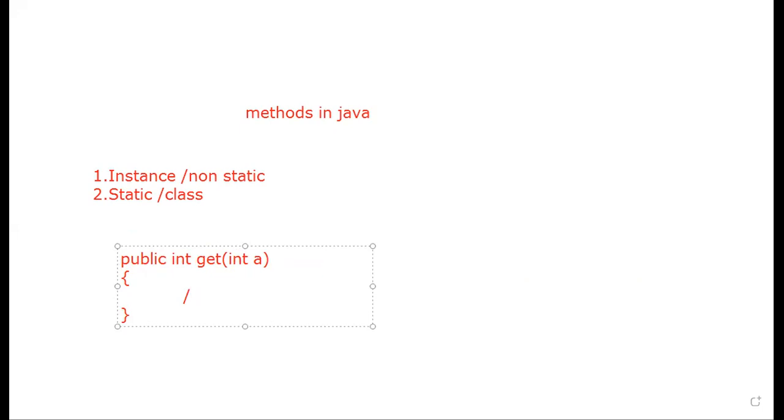Why? Yes, guys, why is this method non-static? Non-static because of the absence of a static keyword. Now, how can we declare a static function? By using the static keyword.